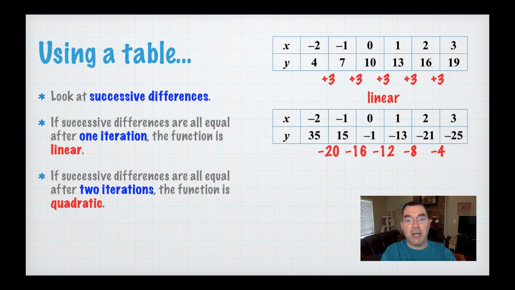But now let's look at the change in those red numbers that I've written down. The change from negative 20 to negative 16 is a change of plus 4. And then from negative 16 to negative 12 is also plus 4. And in fact, all of these changes of changes are plus 4. So I can say that this second table is a table of a quadratic function.